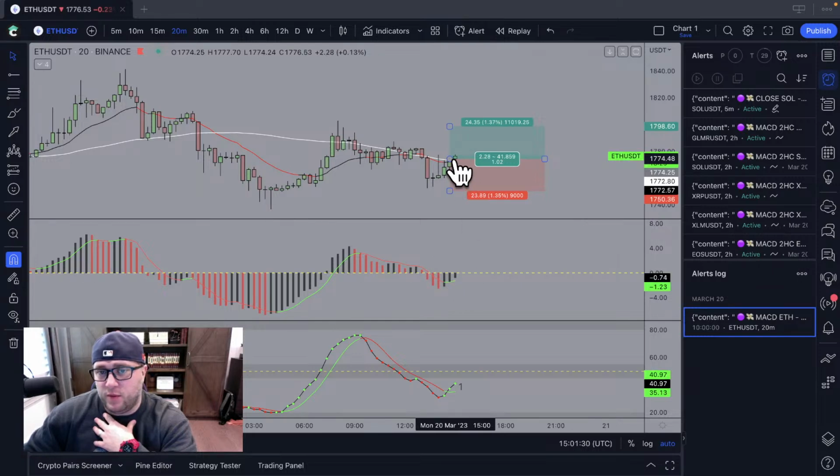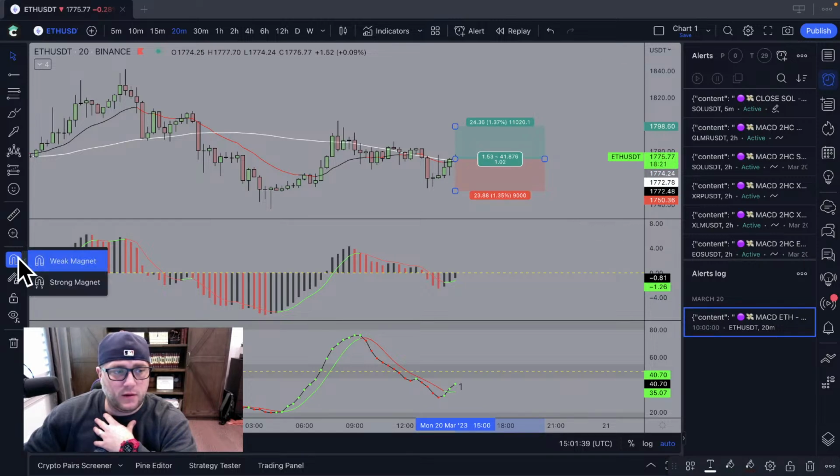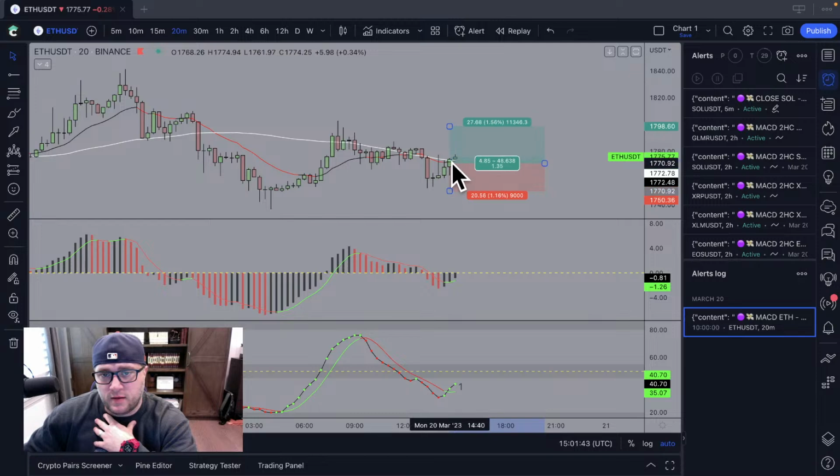If the moving average is pushing down, you've got to wait for it to come down and get into our entry, which is on that. There we go. We want to target 1-to-1.